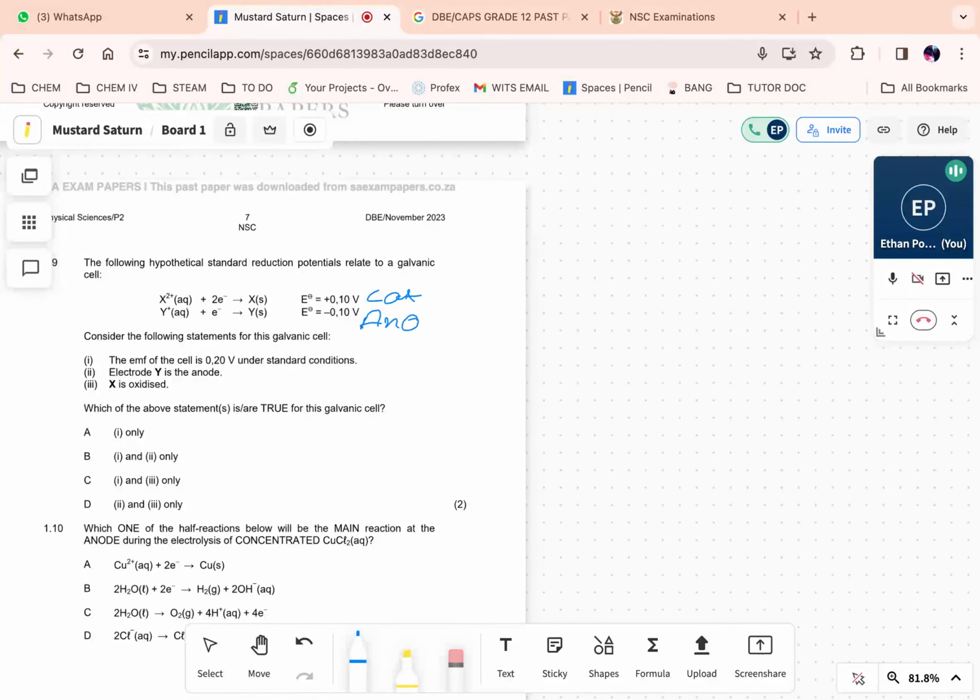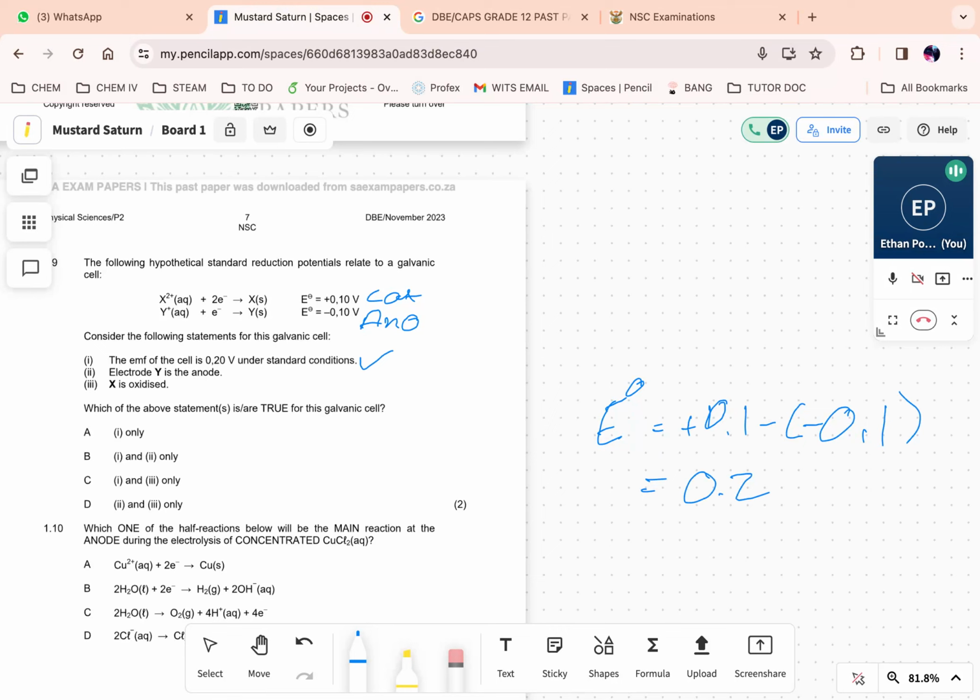With this in mind, we just say cathode minus anode. So plus 0.1 minus minus 0.1, which actually comes to 0.2. So yeah, the first part is correct.